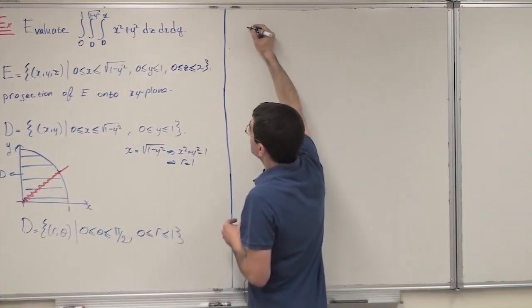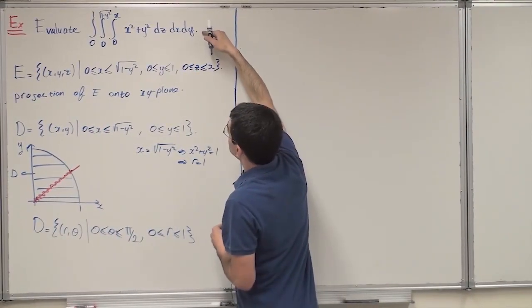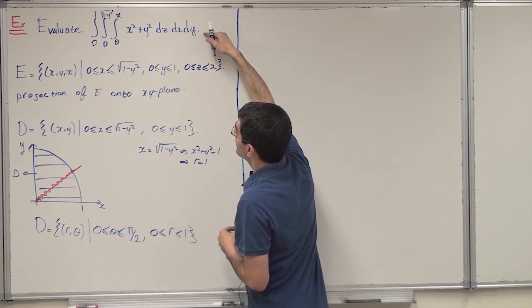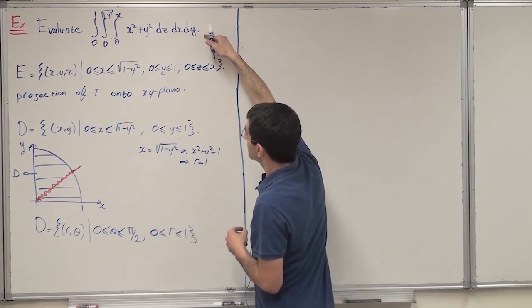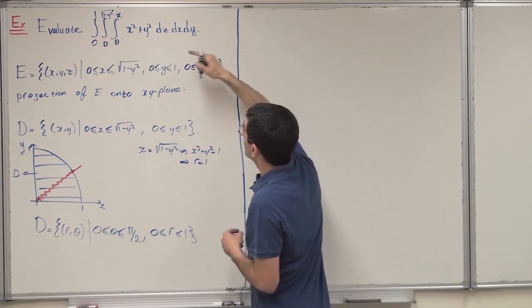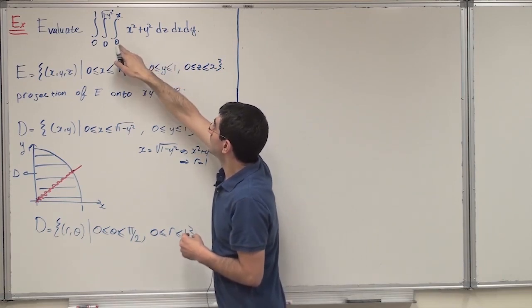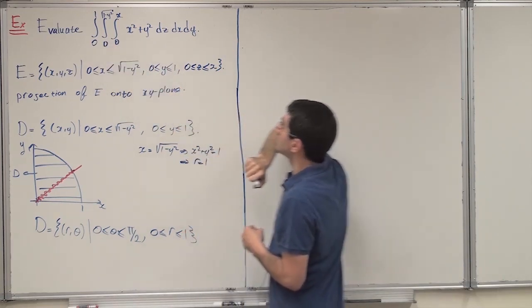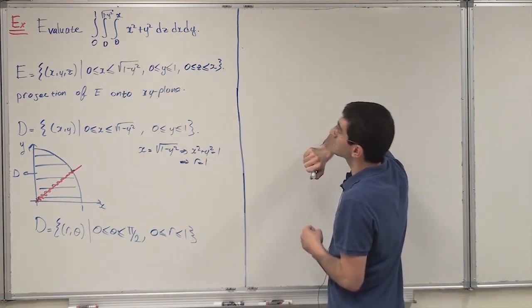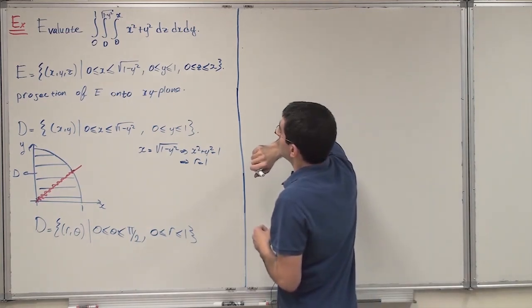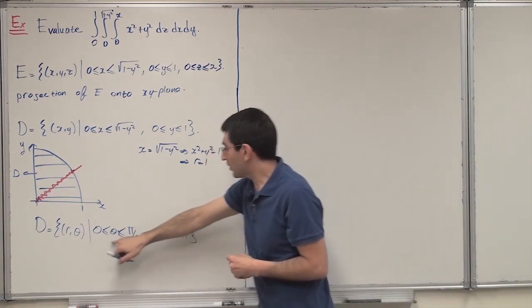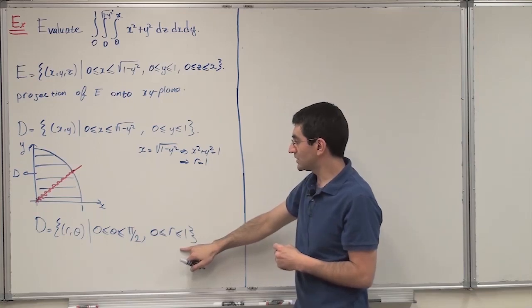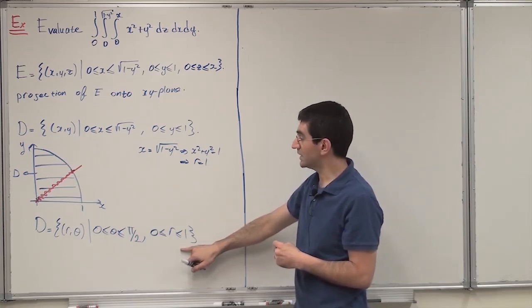Now, to rewrite the same triple integral in cylindrical coordinates, I am going to express the boundaries of this triple integral in cylindrical coordinates first. I have expressed already the boundaries of r and theta in polar coordinates.